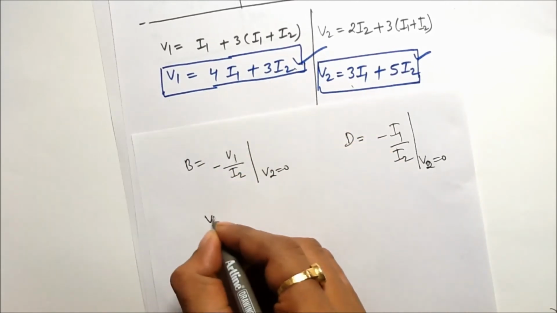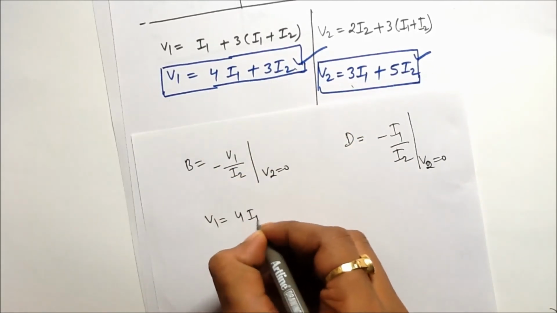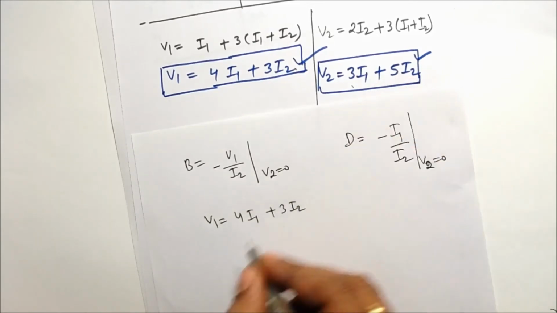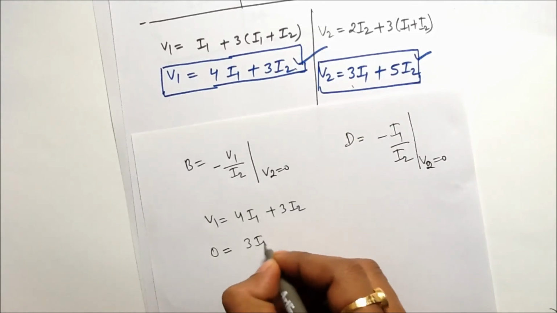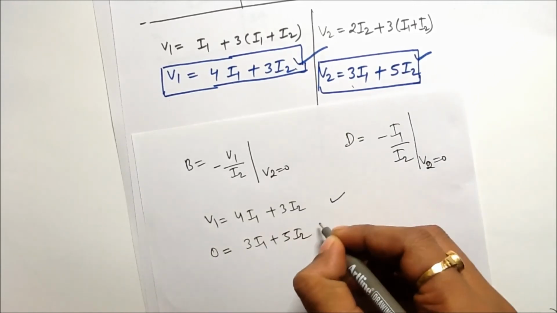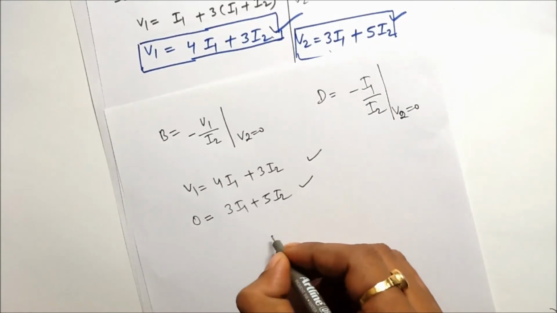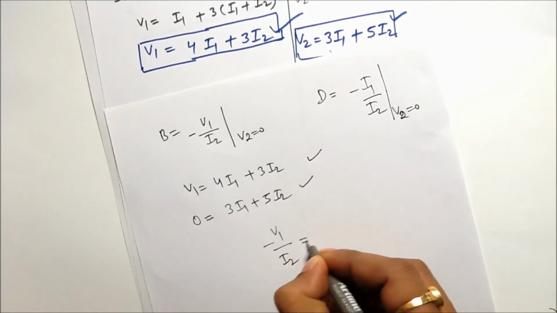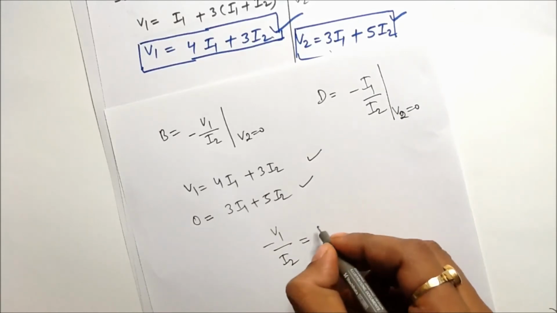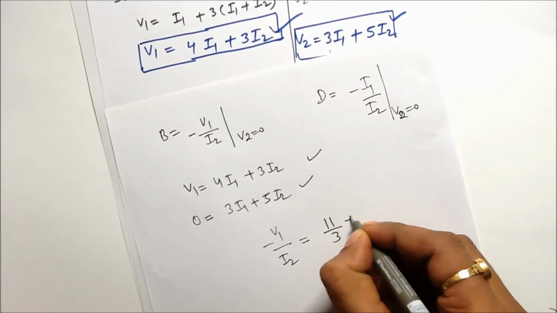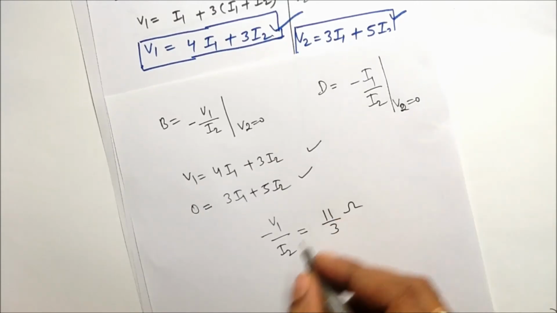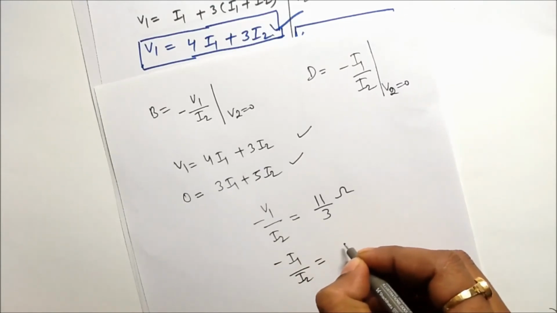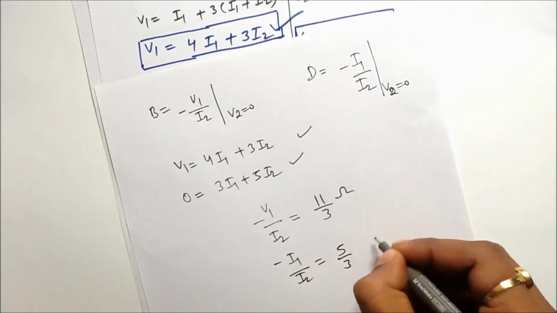V2 is not present, so this equation will remain as it is. V1 equals 4I1 plus 3I2, and put V2 equals 0, 0 equals 3I1 plus 5I2. With the help of these two equations you have to calculate the ratio of V1 upon minus I2. So this will be 11 upon 3 ohm, and the ratio of minus I1 upon I2 will be 5 upon 3, and it will be unitless.